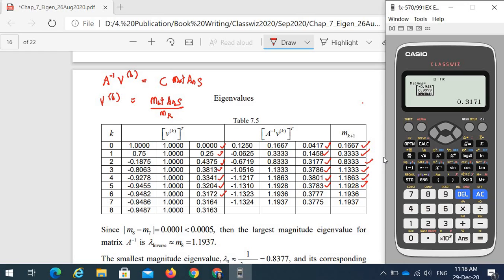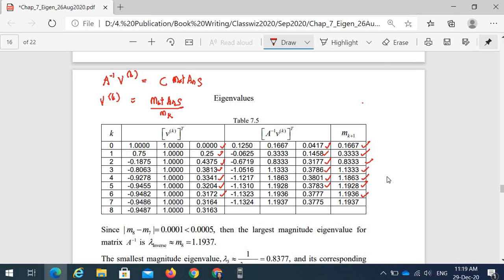To get the next A inverse Vk, C max answer. So option 5 times option, max answer. So you get 1.3222, 1936, 377. This is the largest magnitude here.